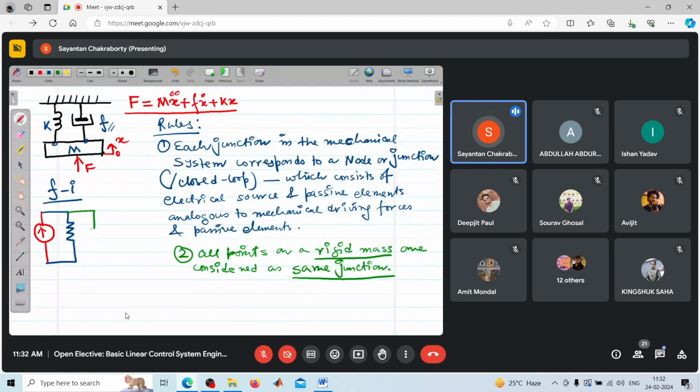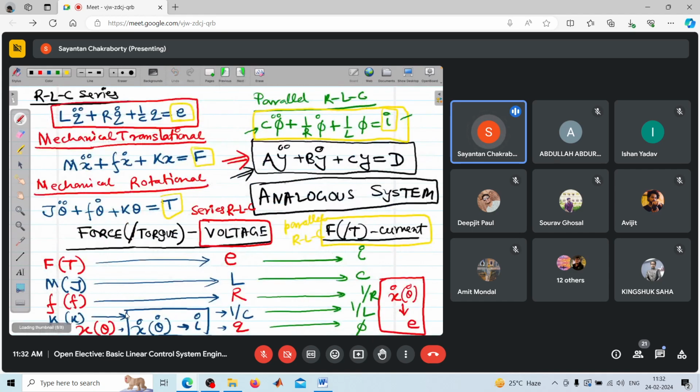Then suppose we have the capacitor, and finally we have the inductor. Now if we get back to the same equation, the resistance gives 1 by f, the inductor gives 1 by k, and the capacitor represents m.